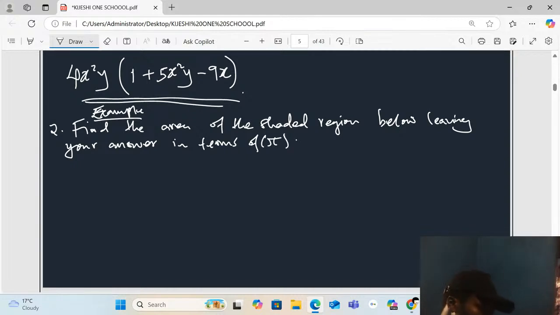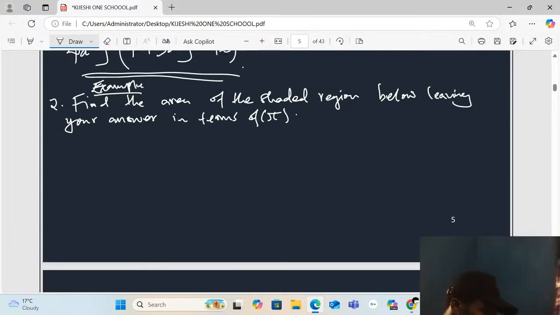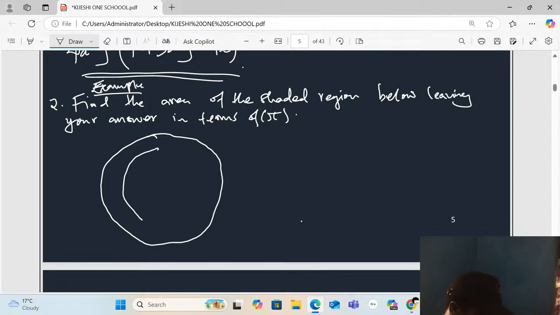So we have this figure, or rather a circle. So the shaded region, this is the shaded.